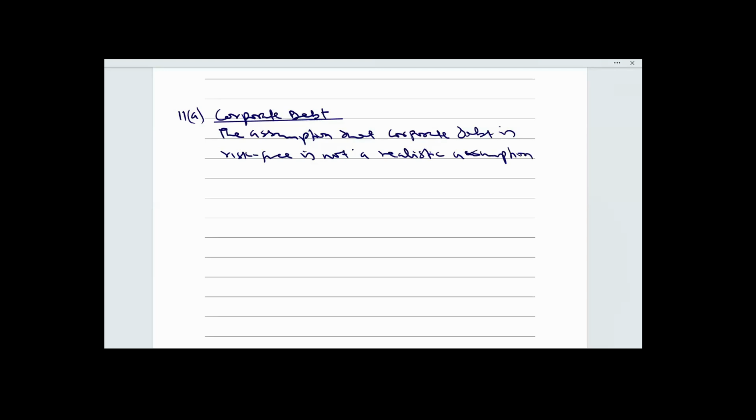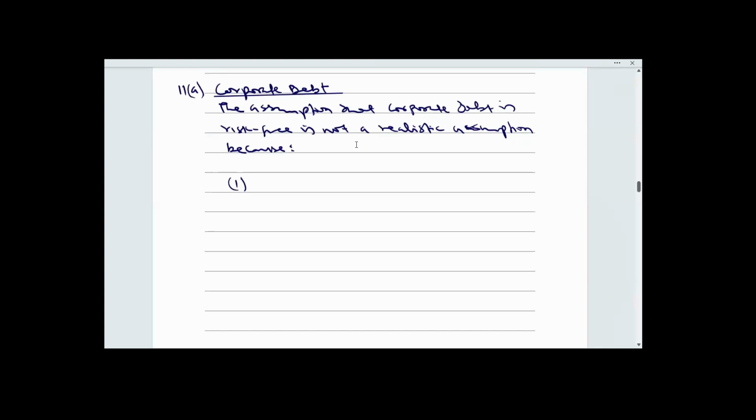It's not a realistic assumption because, number one, default risk.